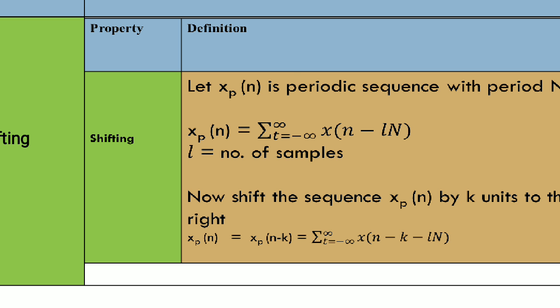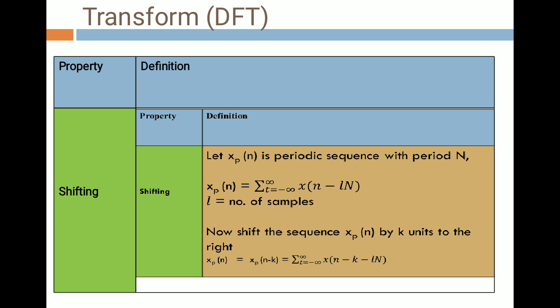So it is a very simple property: if the original signal is shifted by k amount to the right side, the signal after DFT will also be shifted by the same amount in the right direction. So this is the shifting property.